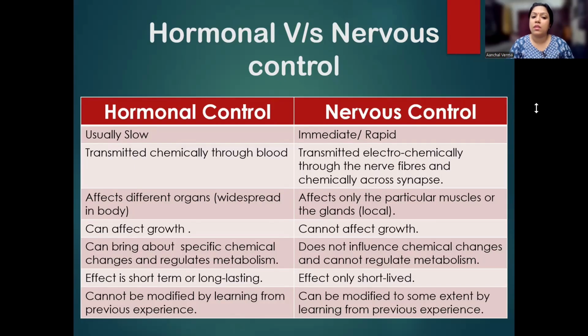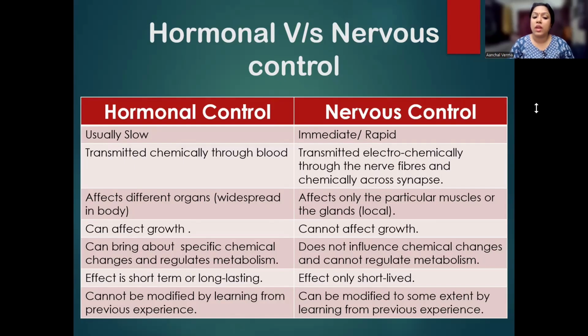Hormonal control affects different organs in the body, but nervous control has particular muscles and glands to control. Hormonal control can affect your growth, but nervous control cannot. It brings about chemical changes and regulates metabolism, and nervous control has no influence on your metabolism. Hormonal control effect is short term or it can be long term, but nervous impulses are very short lived.